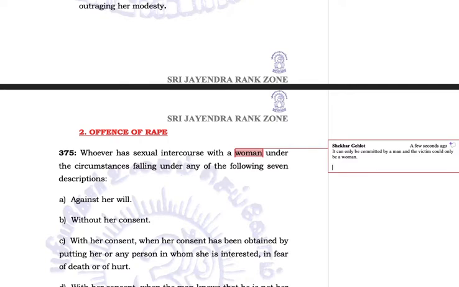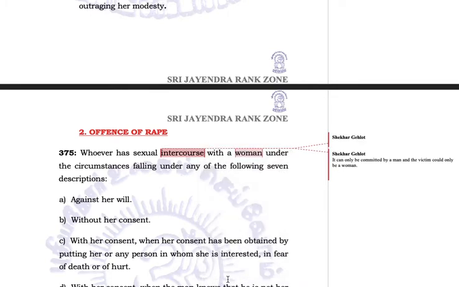But anyhow, we are still following this definition. So it says, whoever has sexual intercourse. If you are having sexual intercourse, it will be rape.